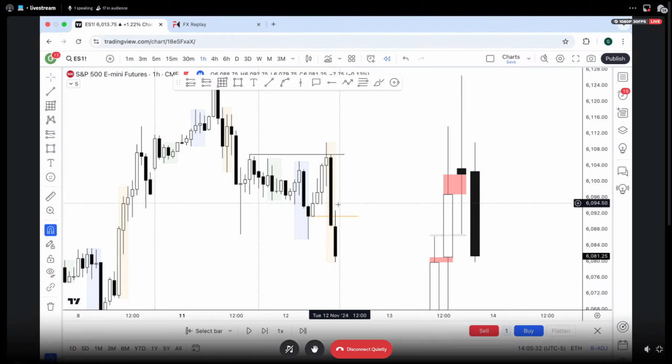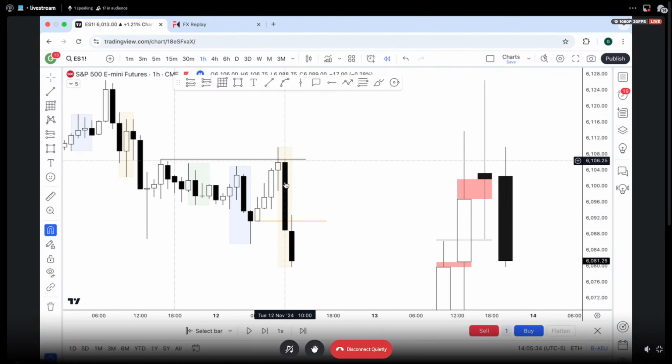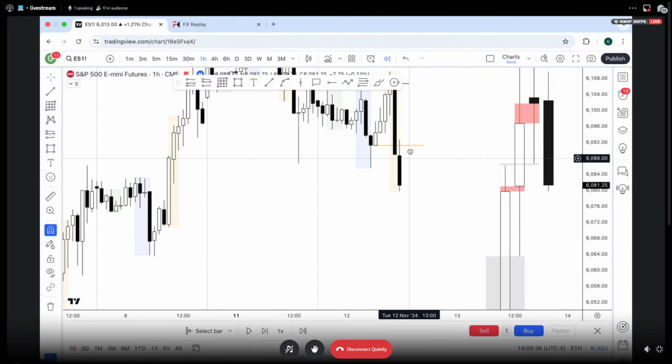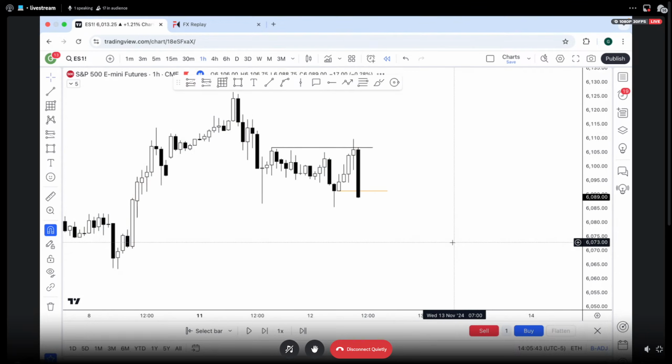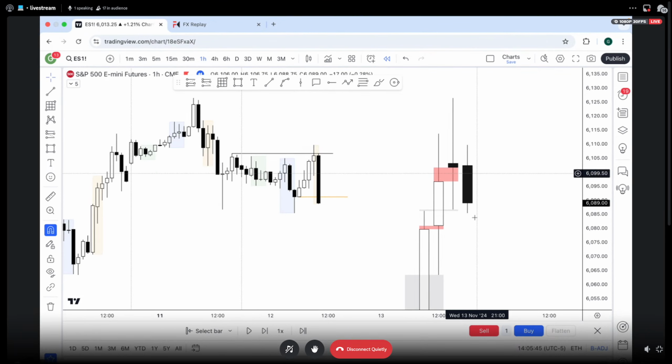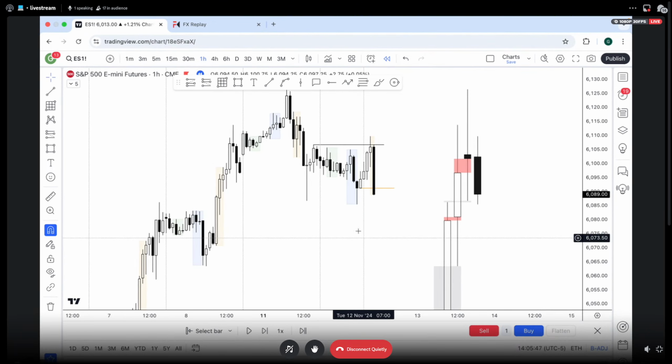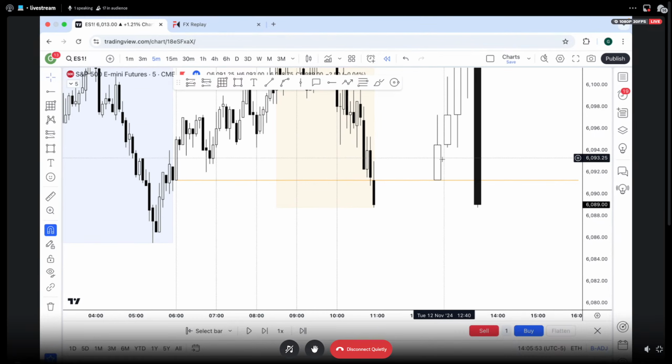So what would this be? This would be an ideal swing formation, right? So if we're going to expand, notice how the daily hasn't expanded yet. On the open of this candle, the daily range hasn't even expanded much yet. So we can look for targets to this low or something, right? Something like that. So we can trade this next candle here.